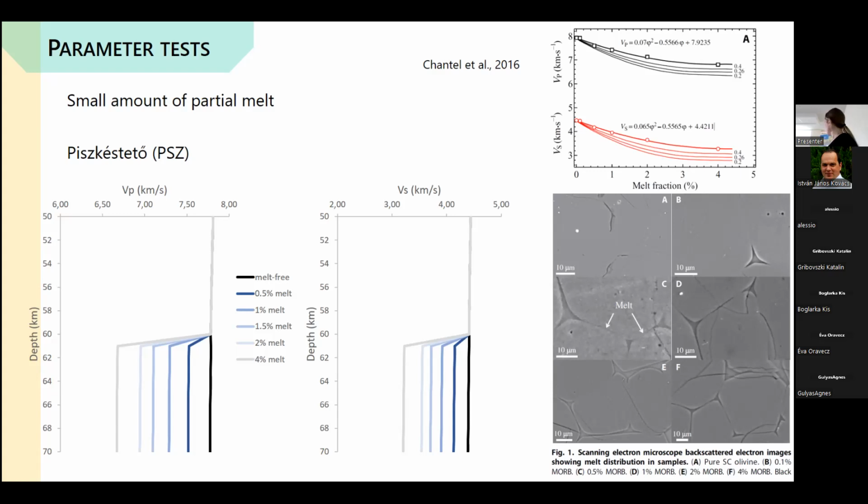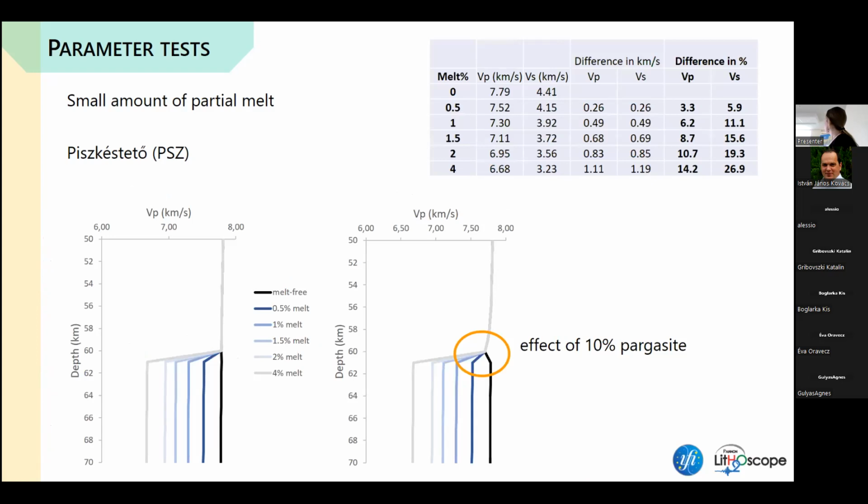But here are the effects of 0.5, 1%, 1.5, 2, and 4% of melt. We can see that they have quite significant effects, especially higher melt contents can have quite a significant drop in the velocities.